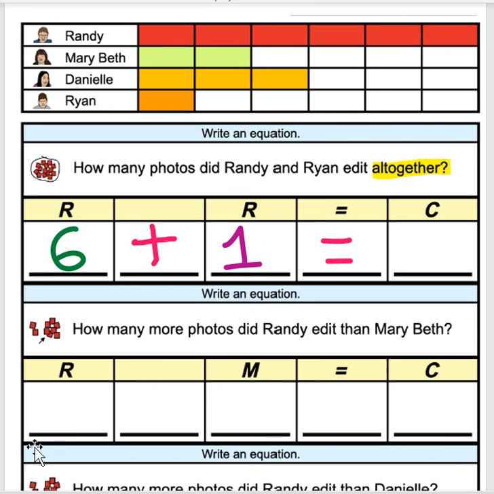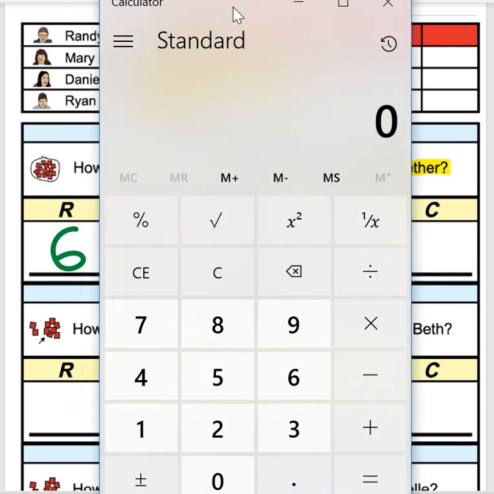So we can do this two ways. We can go ahead and we can just count out our photos, but we can also use the calculator. So let's count first. So we have 6 plus 1, so we want Randy. So let's count. 1, 2, 3, 4, 5, 6, 7. So we counted 7 photos altogether, but let's go ahead and use our calculator to double check.